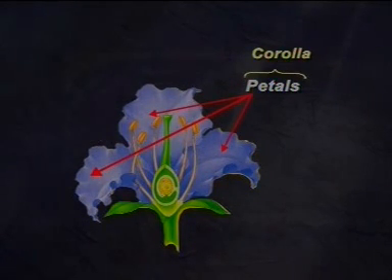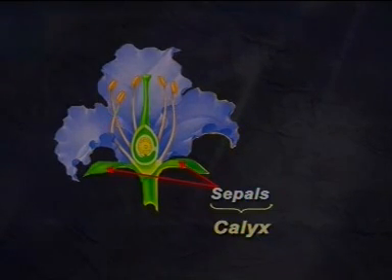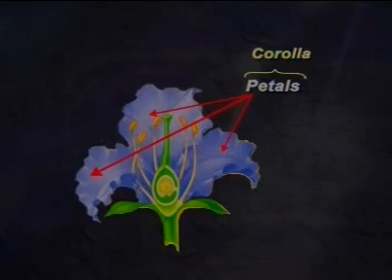This means all the 5 petals removed from the flamboyant flower together form the corolla. Note once again that a collection of sepals form a calyx, and a collection of petals form corolla.